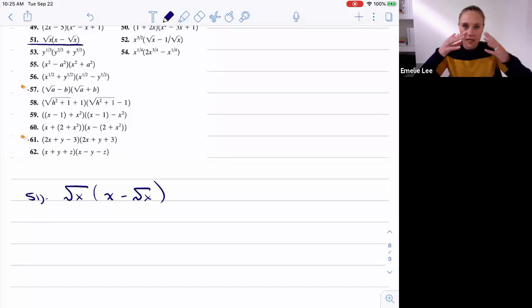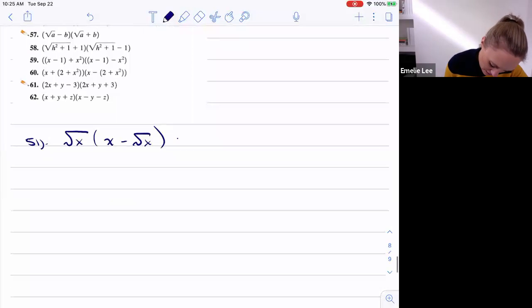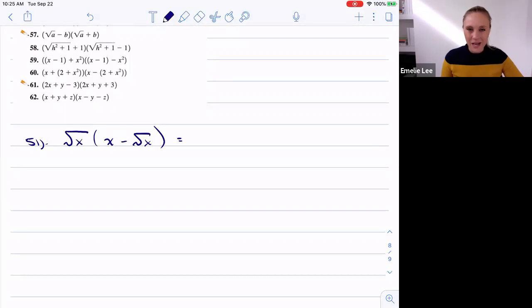So I can expand this and simplify, right? And that's all I want to do. So I've got root x times x. Now, a lot of the time, if I have a root, I want to have the x in front. I'm going to show you the two options, and then I'll show you how I prefer to write it.